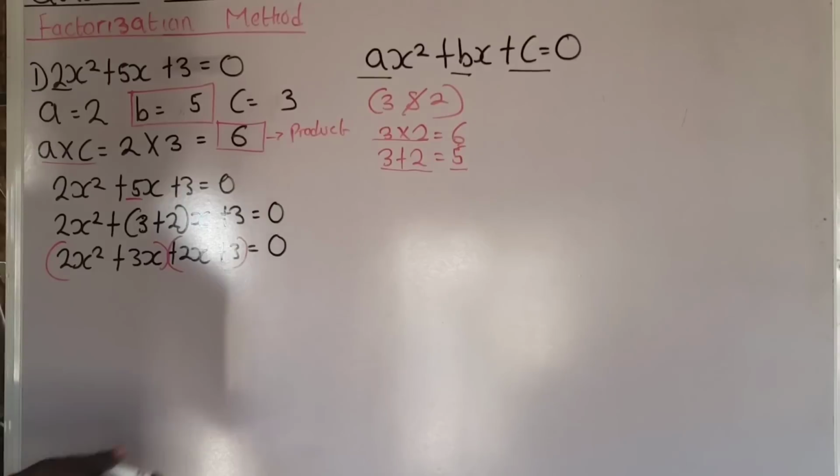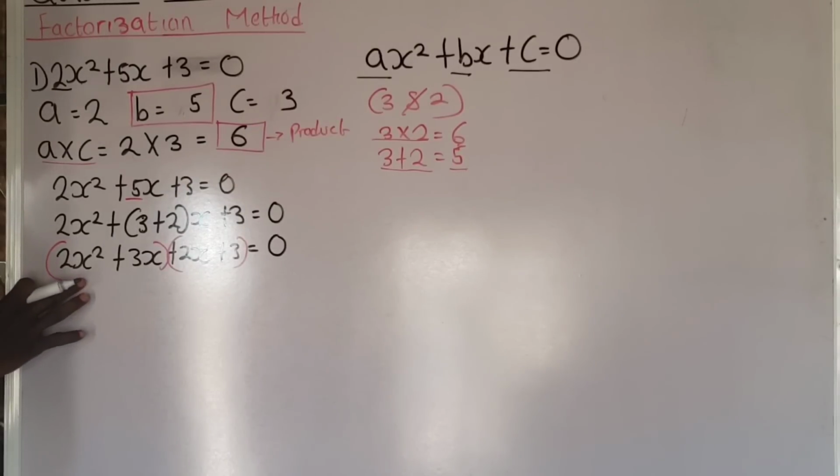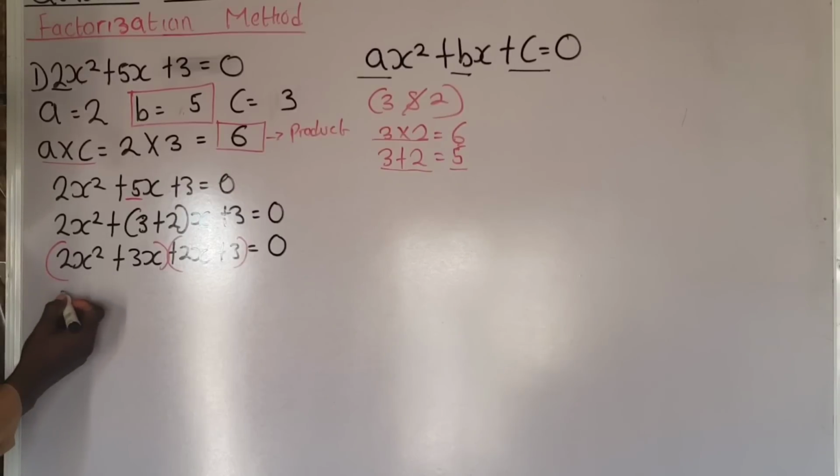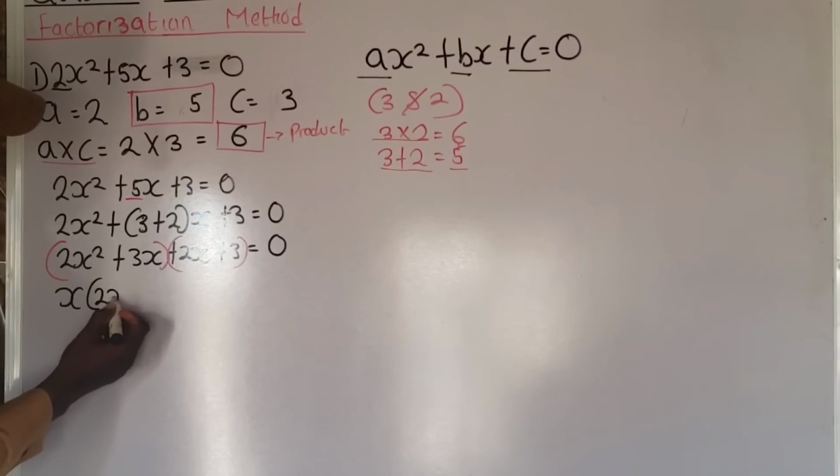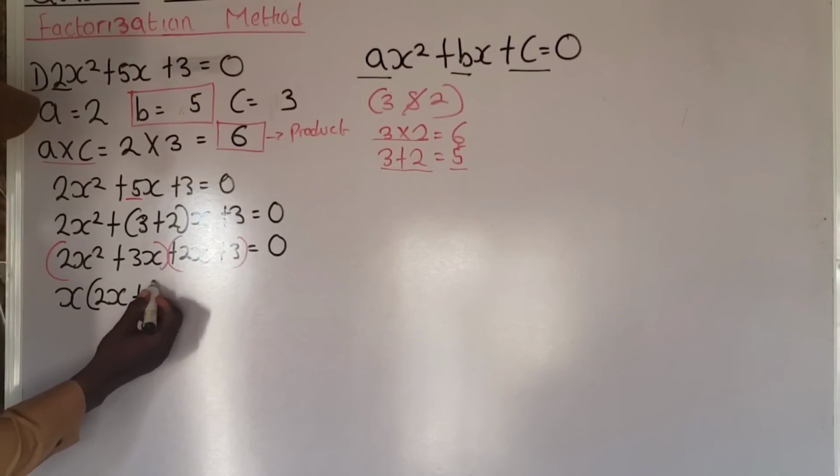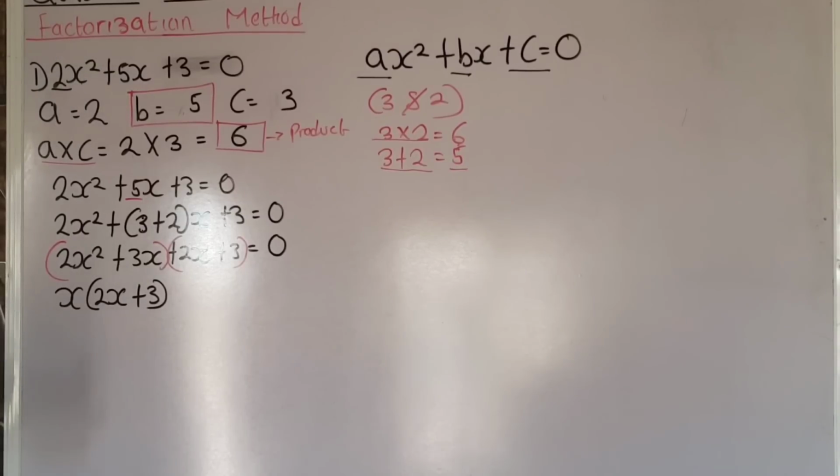Hence, I'm going to have what is common to 2x squared and 3x. The common term to 2x squared and 3x is what? x. Here, I'm going to have x in brackets, 2x plus 3. You have to learn how to factorize.